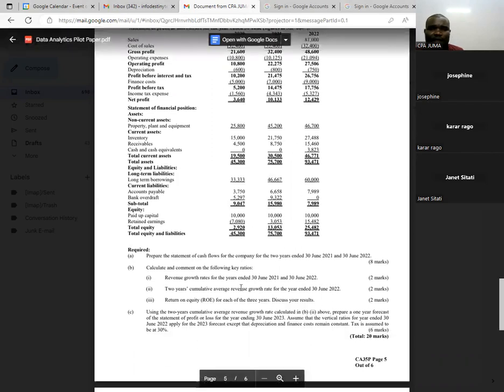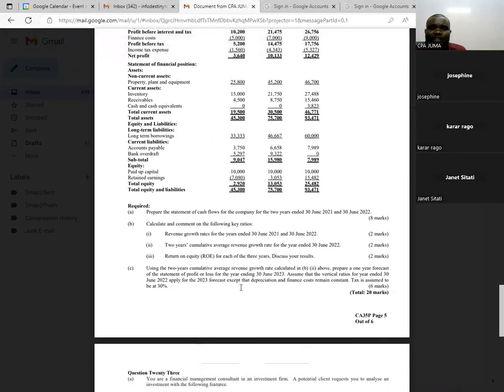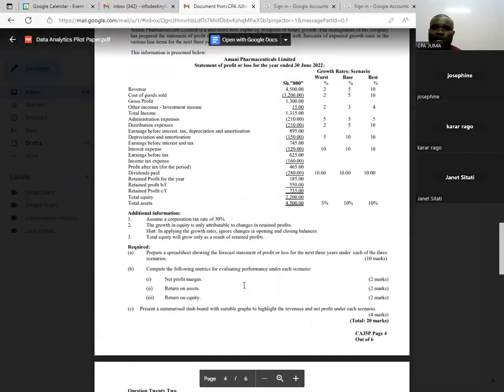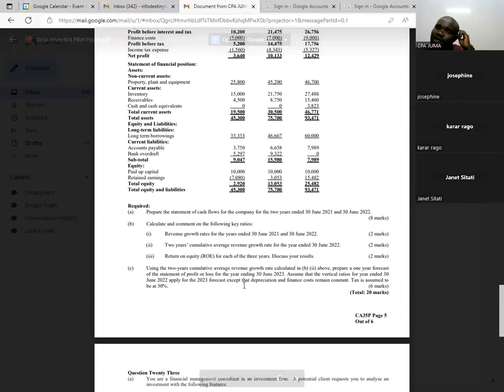Then down there, they are saying, prepare the statement of cash flows for the company for the 2 years ended 30th June 2021 and June 2022. So they are requesting for 2021 and 2022. So 2020 has not been requested for. They want for the 2 years, 2021, 2022.